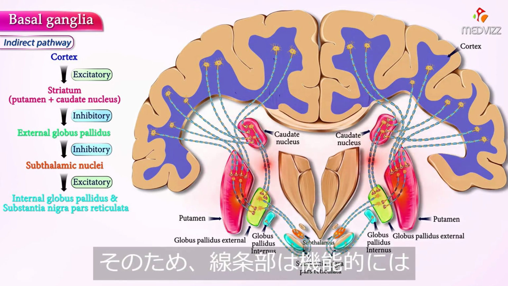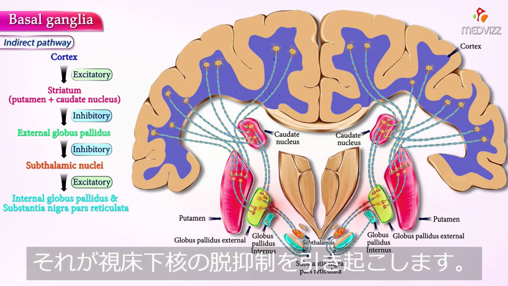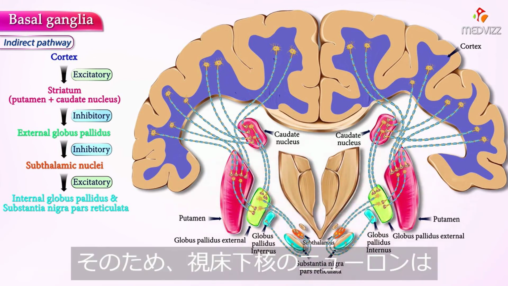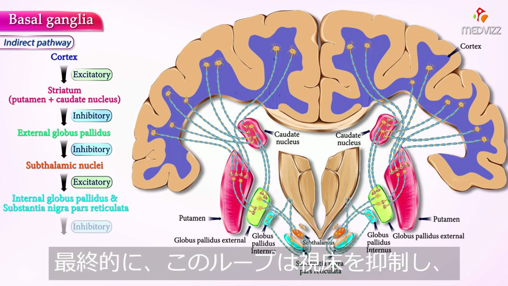So functionally, the striatum inhibits the globus pallidus externus, and that causes a disinhibition of the subthalamus. For this reason, the neurons of the subthalamus become more active and they excite the internal segment of the globus pallidus. So finally, this loop inhibits the thalamic nuclei.